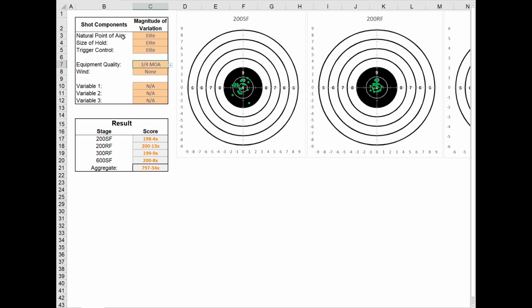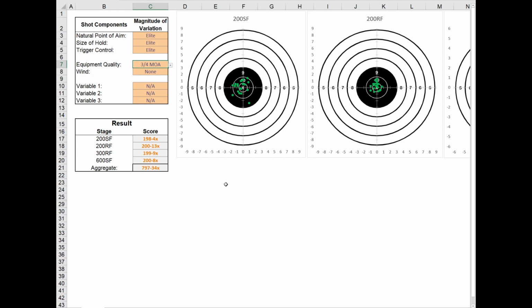Once you stack all that up, your marksmanship plus the equipment generate a shot location. My spreadsheet takes all that variation and generates a shot, then multiple shots and groups, specifically 20-shot groups for any particular simulation.